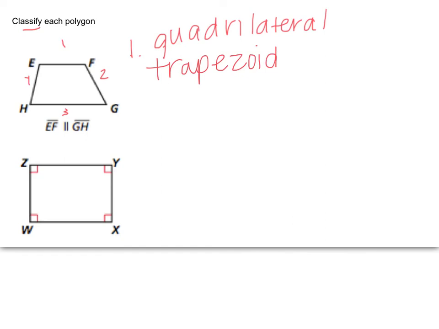So let's try this second one. See if you can find the categories that this second shape falls under. Okay, what you should have come up with is quadrilateral, because again, it has 4 sides. We also see that we have these 90-degree angles, and we also have parallel lines. So we have a parallelogram.